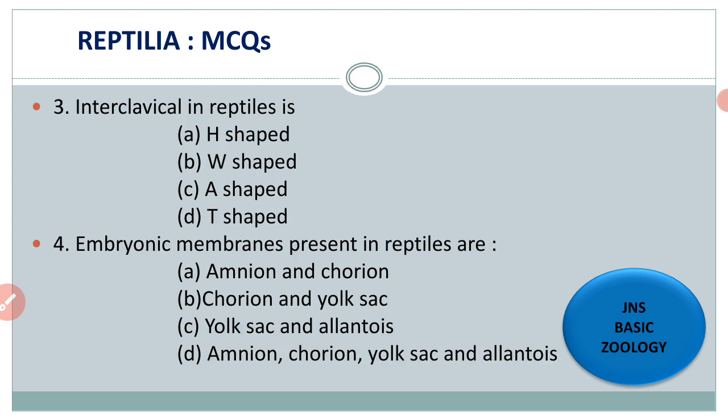Third one, the shape of the interclavicle in reptiles is A. H shaped, B. W shaped, C. A shaped, and D. T shaped. The interclavicle is the bone between two clavicles, which are called collarbones.